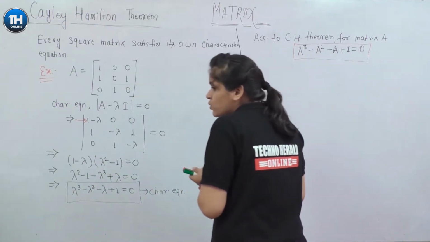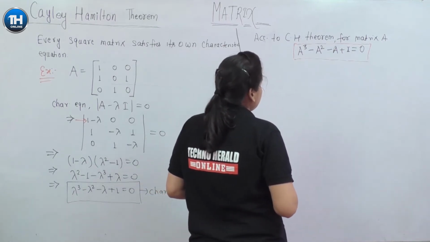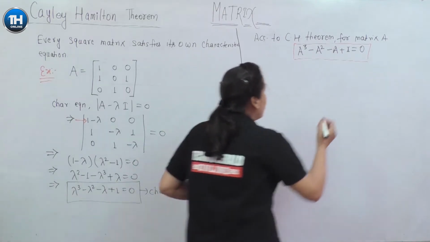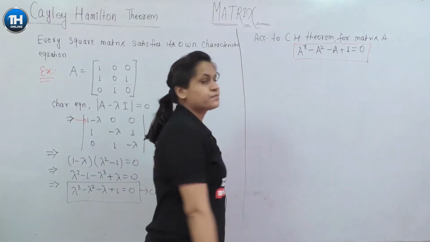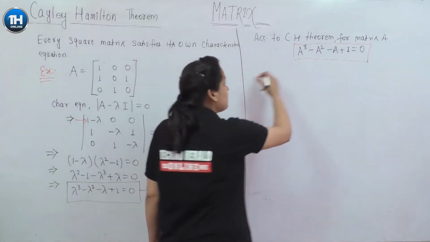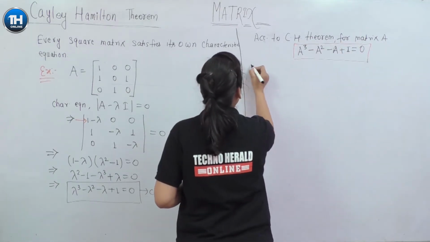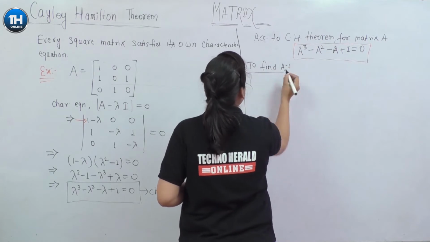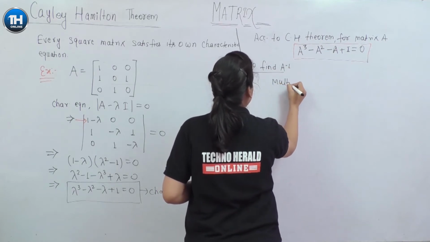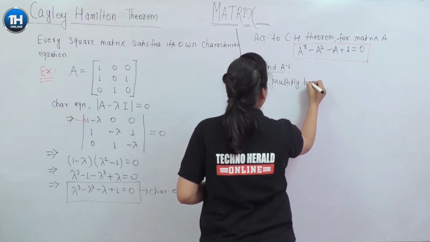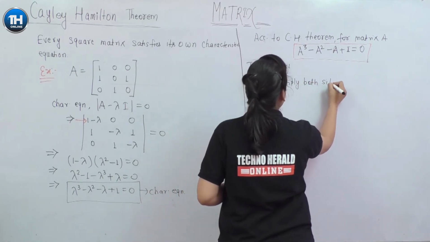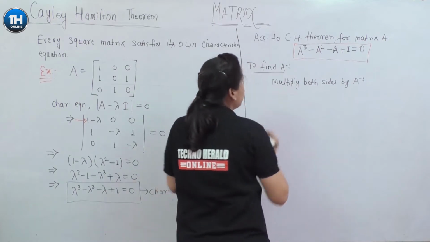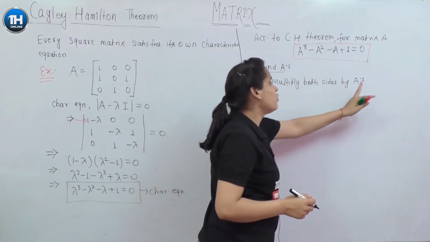Now how do we use this? Say we need to find A inverse. So multiply both sides by A inverse. See what will happen if you multiply A cube by A inverse.